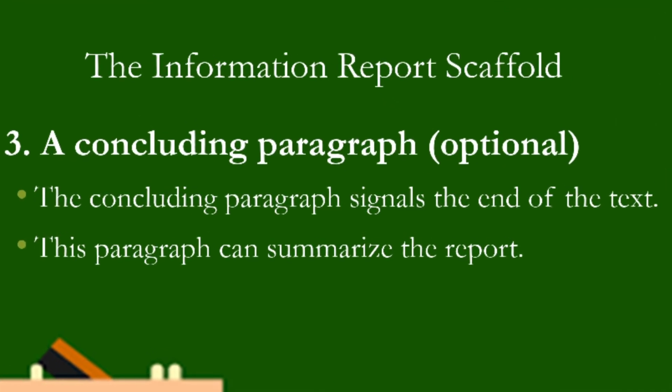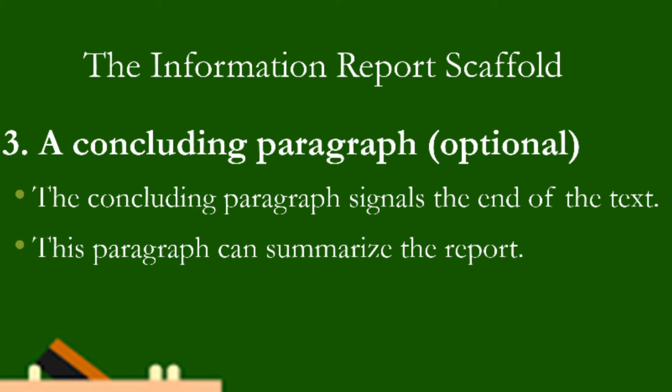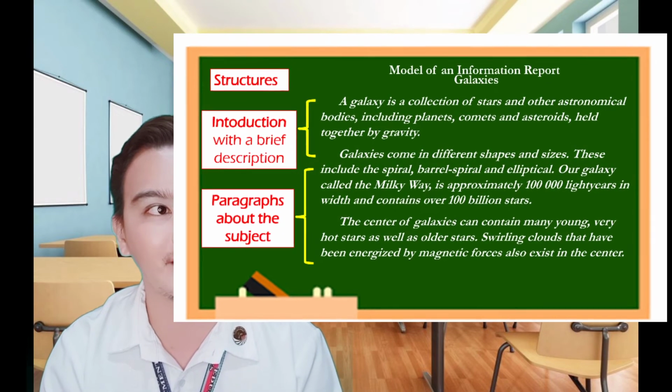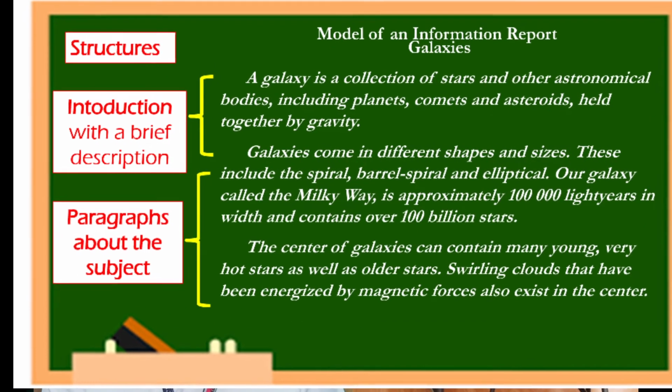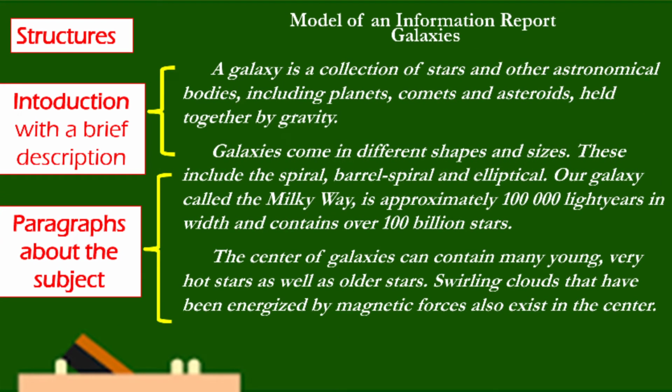The last part of an information report is a concluding paragraph, which is optional. The concluding paragraph signals the end of the text. This paragraph can summarize the report. To figure out the structures and language features of an information report, let's have this model. So we have here the structures.